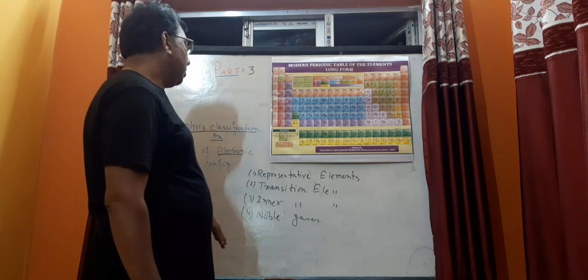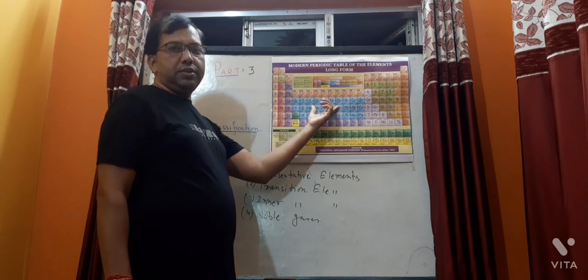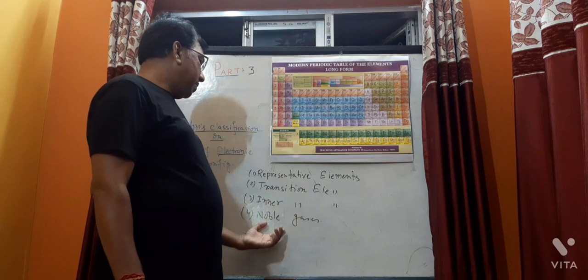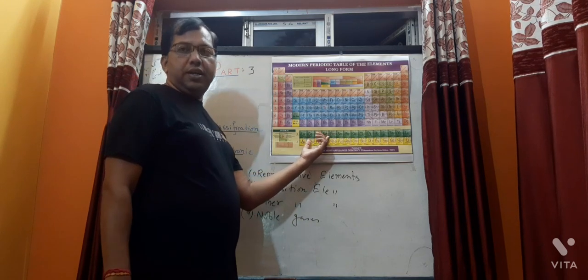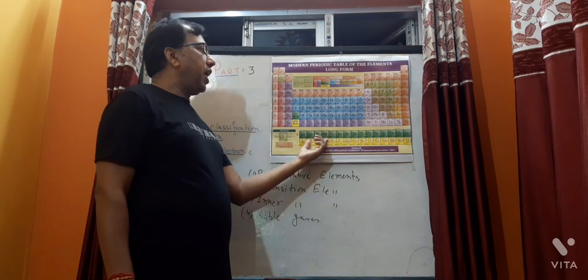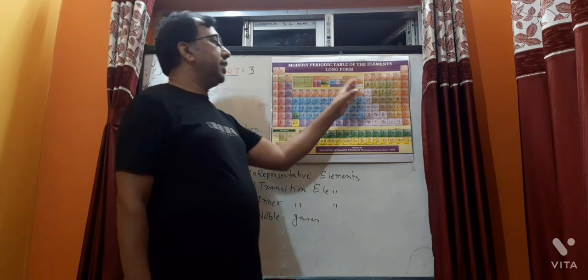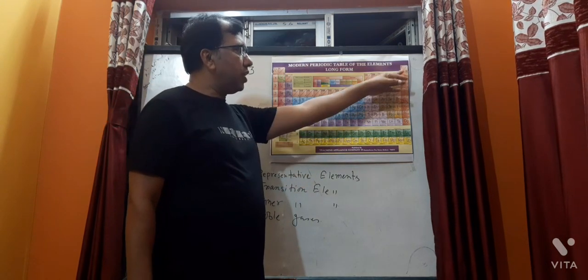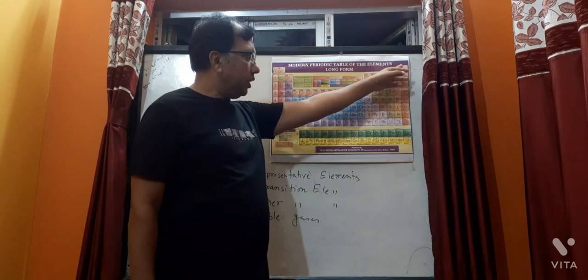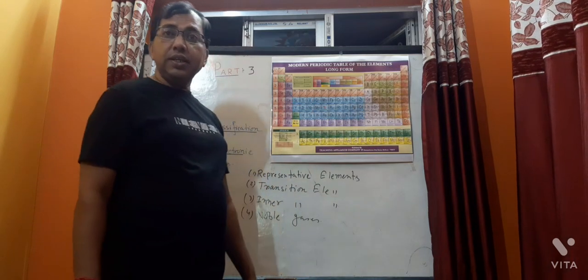Transition elements are the d block elements, inner transition elements are the f block elements, and noble gases are at the most right corner, the 18 group elements, known as noble gas or inert gas elements. Okay.